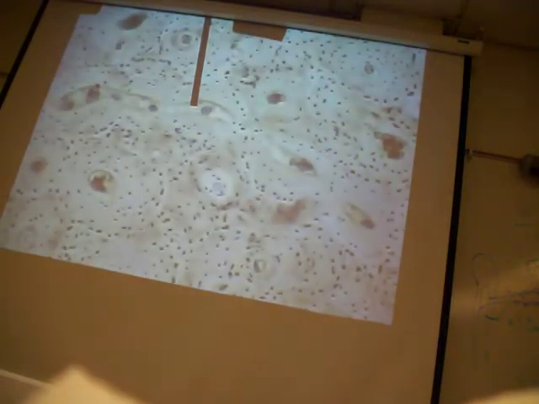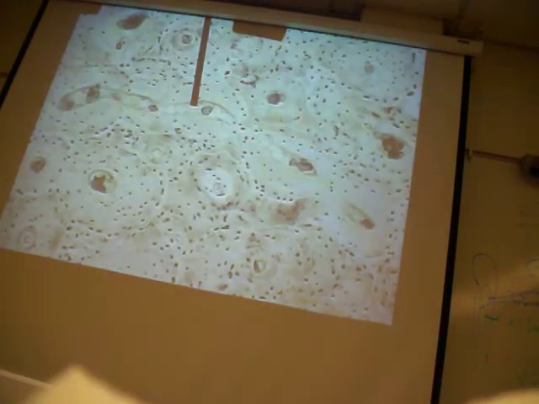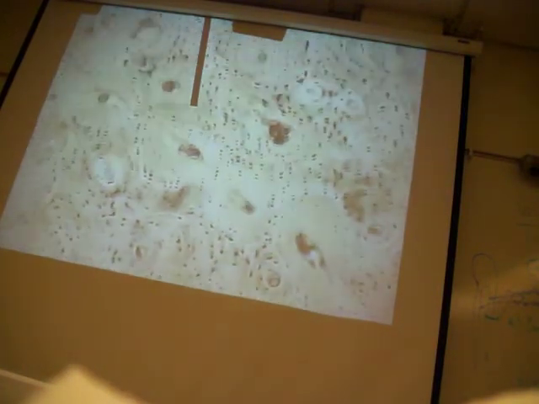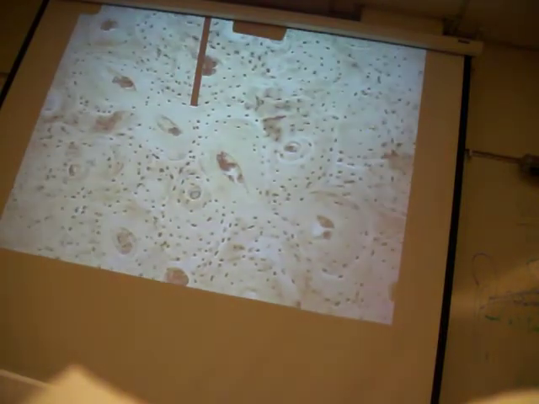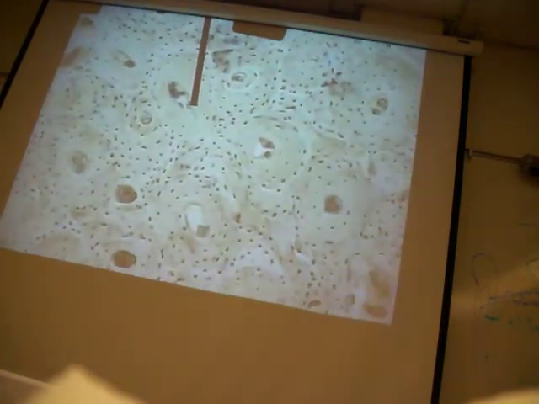This one just happens to be kind of clear, but you can see, there's 1, 2, 3, 4, 5, there's like 6 osteon canals that you can actually see in that view, where it's connected. You can see how this osteon canal is kind of smeared out a little bit, and this one is also. Those are going to be interconnected as well.